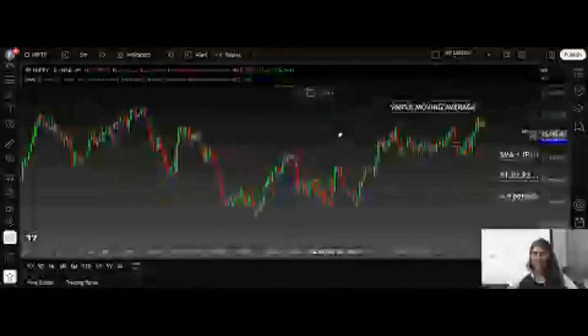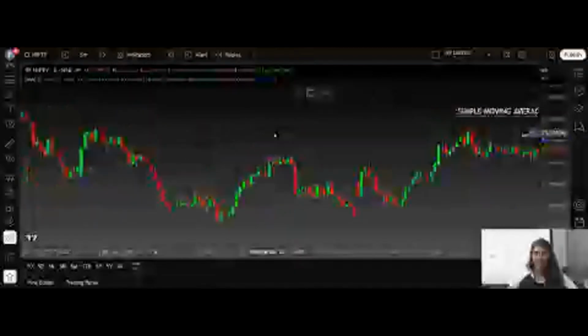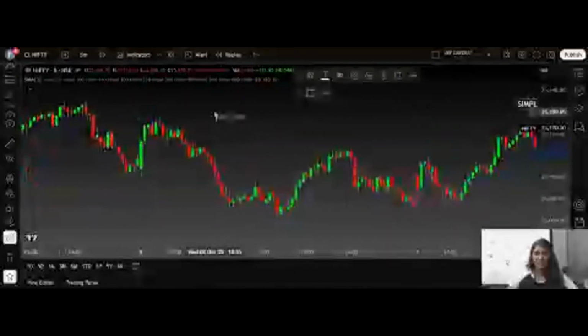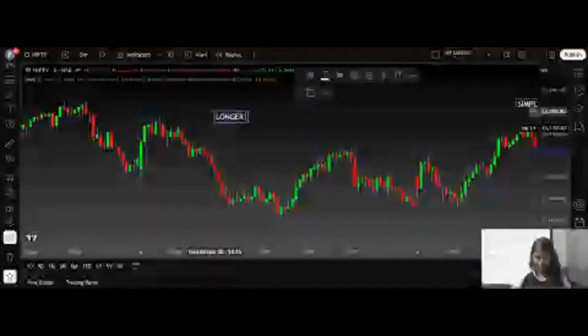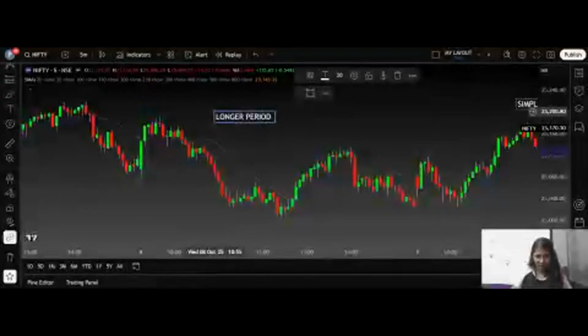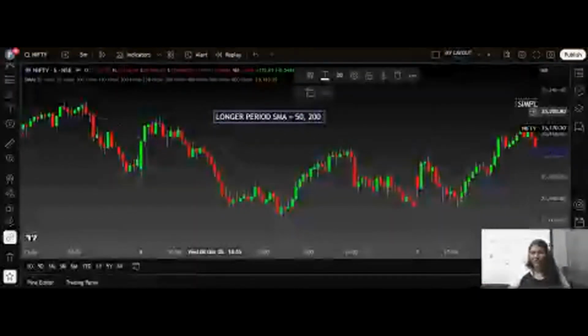Here this chart is over. Now I'm going here. Okay. Now there are two types of SMA. First is the longer period SMA. Longer period SMA means the periods we take are usually like 50 or 200.